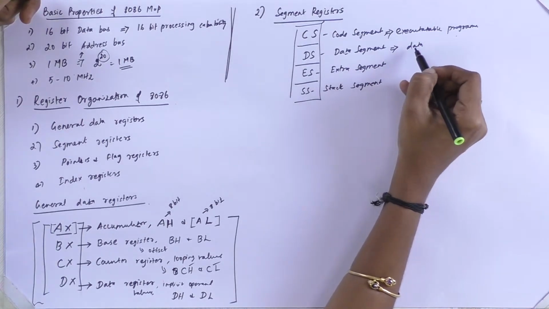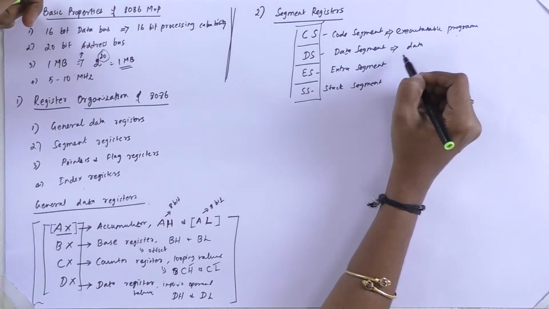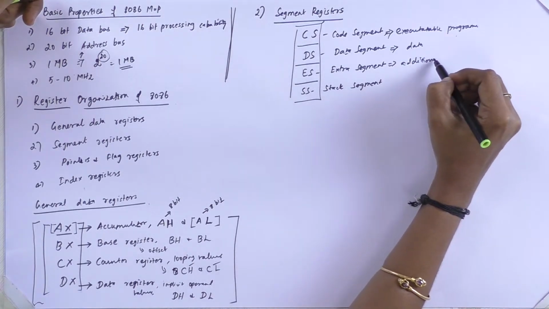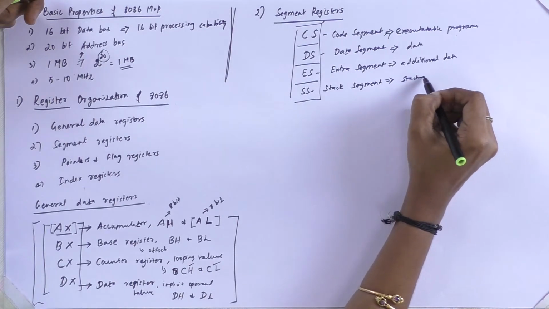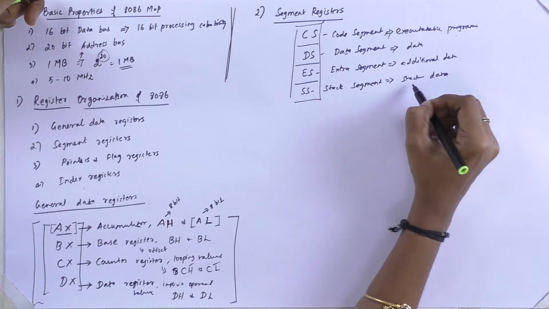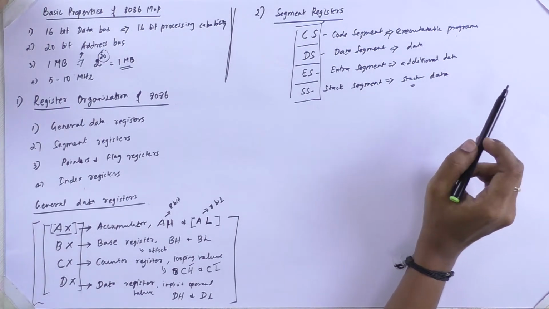If there is not enough space in this data segment, then all the additional data will be stored in the extra segment. And finally, all the stack data will be stored in the stack segment. These stack data will be used only when the processor involves the concepts of interrupts.